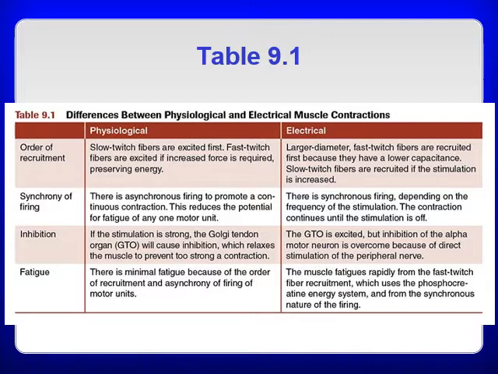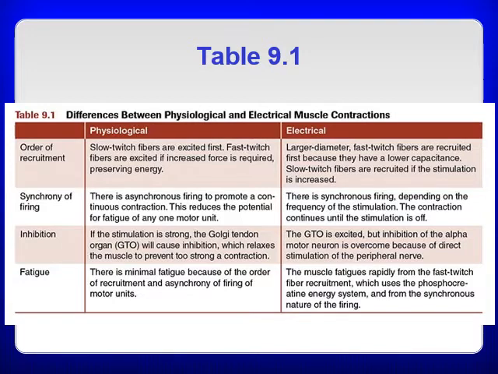Fatigue: there's minimal fatigue with physiological because of the order of unit recruitment and the asynchrony of firing, and with electrical, it fatigues rapidly because of how much fast twitch fiber recruitment there is. Your fast twitch fibers, while they can provide more force, also fatigue much faster. So these are the differences between the two. Now, in some ways it's good, particularly with electrical muscle contraction.